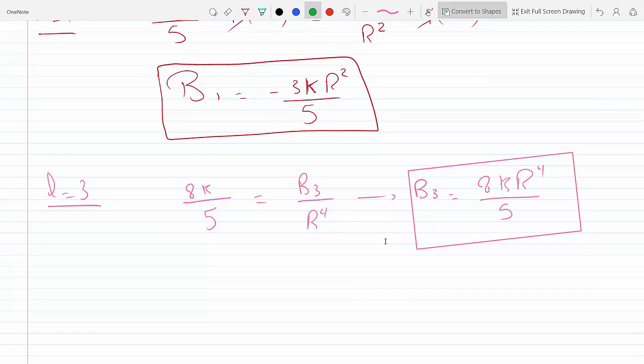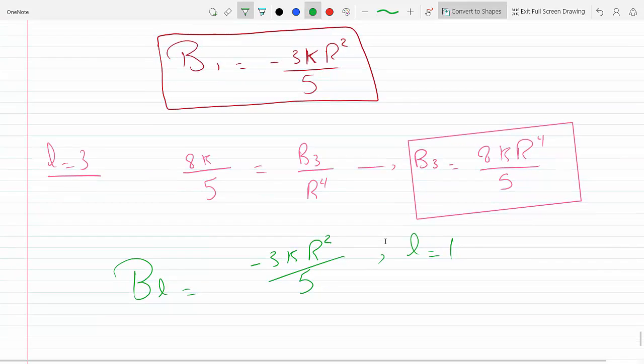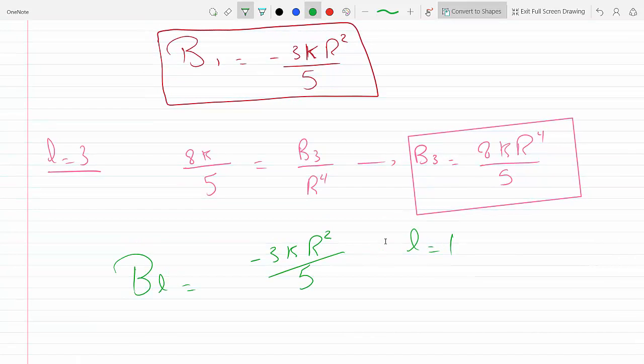So that summarizes that B_L has to equal minus 3k R squared over 5 if L equals 1, and 8k R^4 over 5 if L equals 3.